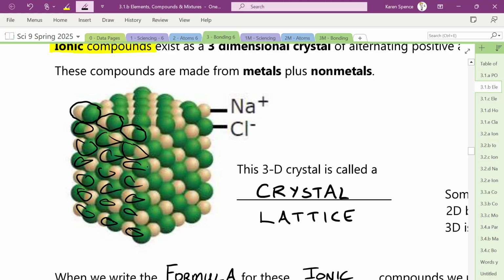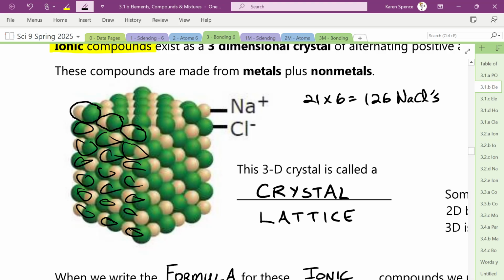And then there would be 6 of those sheets. So 21 times 6 is 126 NaCl's. Whew, that's a lot, yeah?